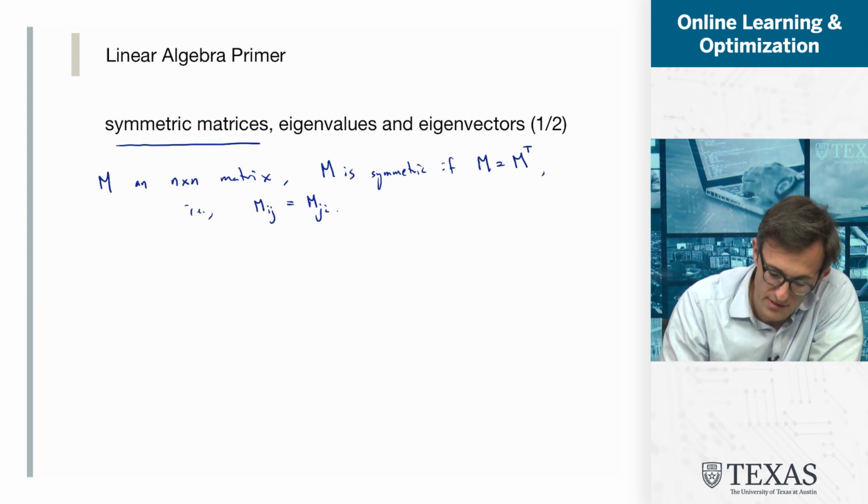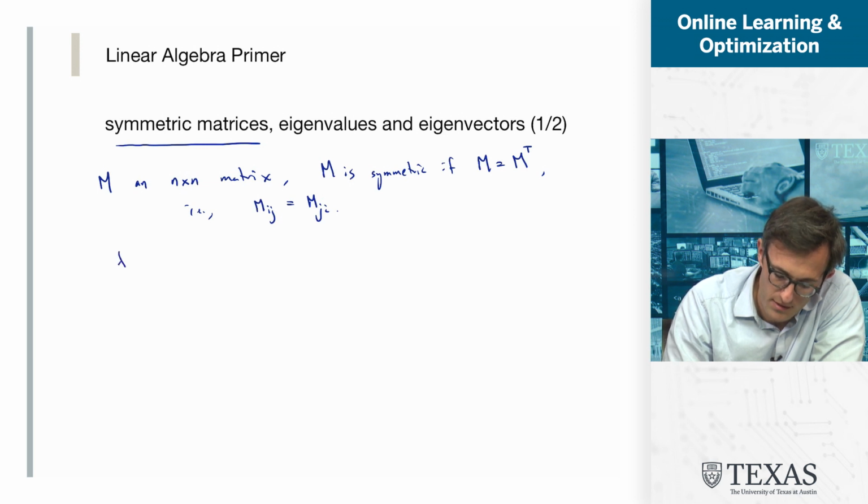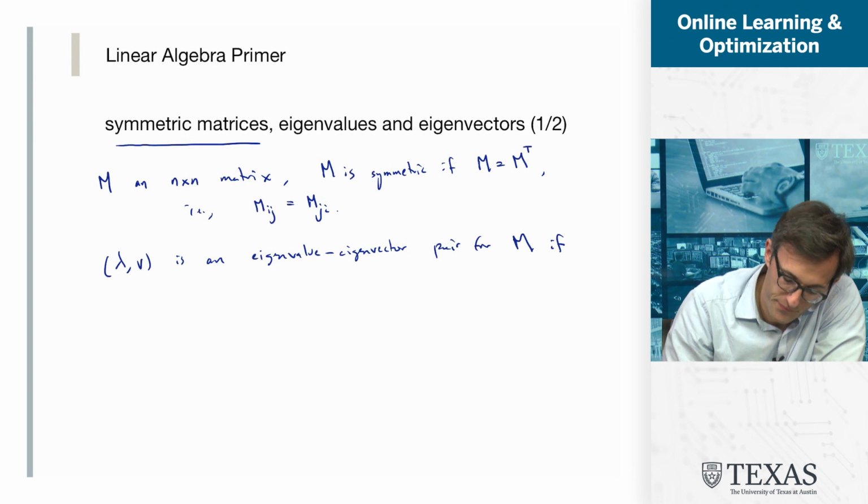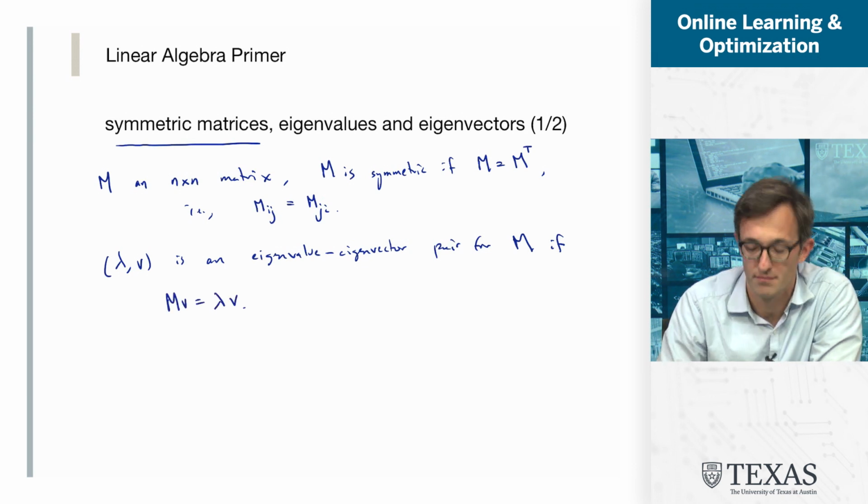So let me first define what an eigenvalue and eigenvector is. Lambda, v is an eigenvalue, eigenvector pair for M if Mv is equal to lambda v.